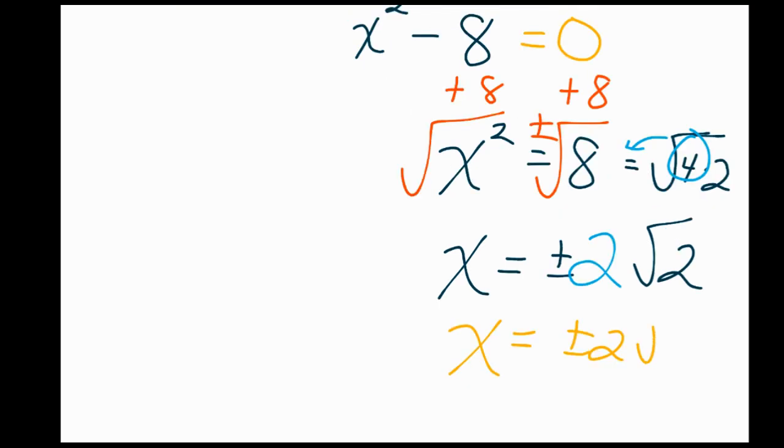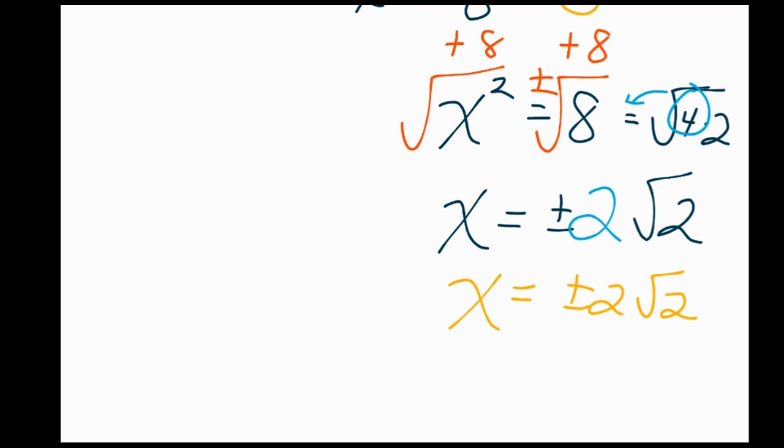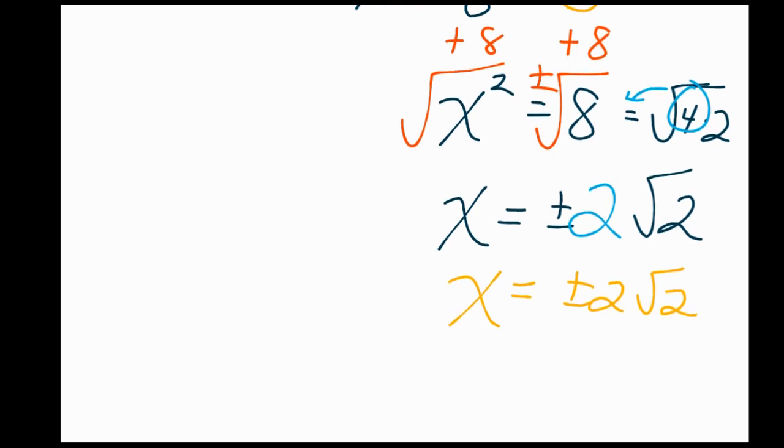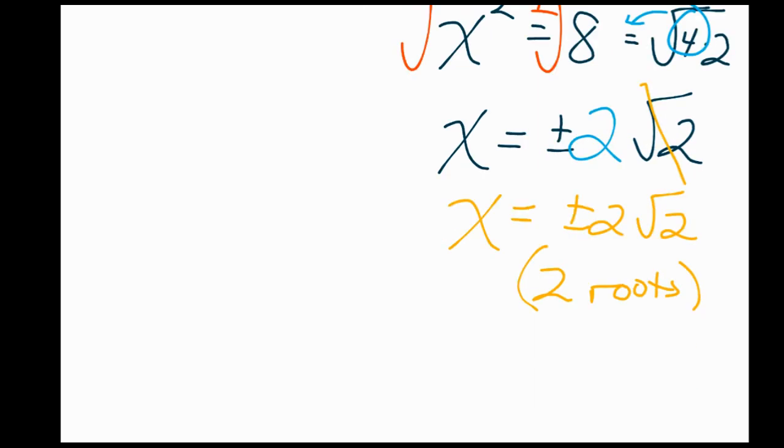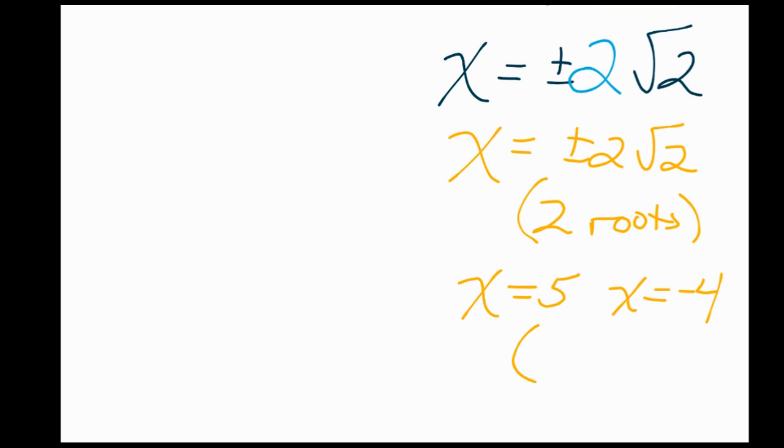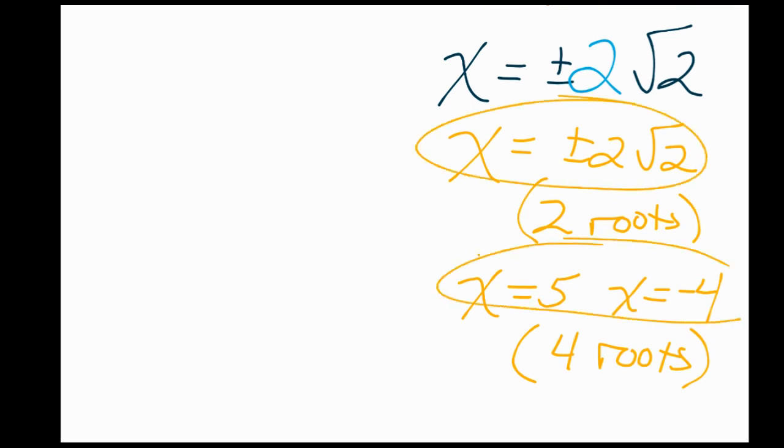Now, what's plus or minus 2 root 2? Well, first of all, that's 2 more roots. And if you couple that with the roots that we started with, remember I started with 5 and I started with negative 4, it looks like I got 4 total roots. And isn't that exactly what I was expecting? Yes, it's exactly what I was expecting, 4 roots.